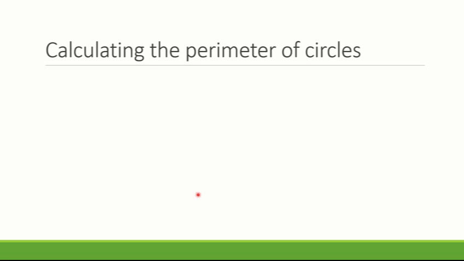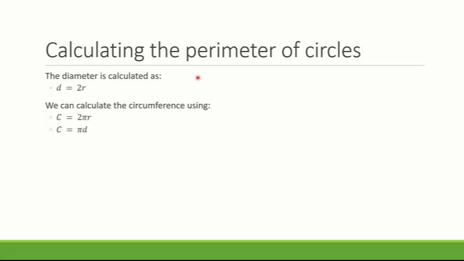Let's have a look at how to calculate the perimeter of a circle. Firstly, remember that the diameter, d, is 2 times the radius, where r is the radius. We can calculate the circumference or the perimeter of a circle using either one of these two formulas. They say the same thing.